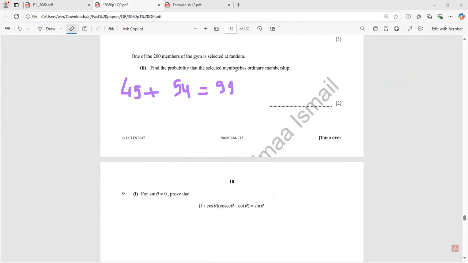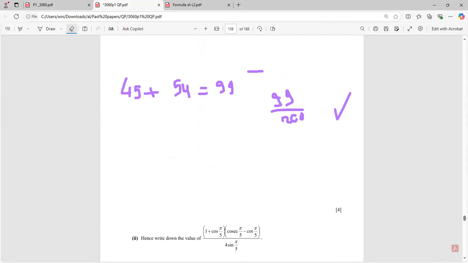The probability that the selected member has ordinary membership from the total is 99 over 200. And the probability is the only answer where it is allowed to keep it as a fraction in the exam without losing any mark. Okay, let's see the next.